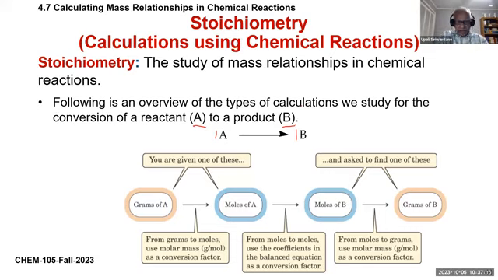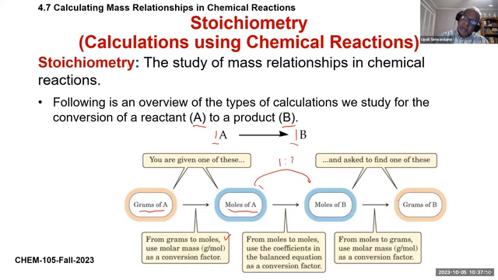First, you start with grams of A. Convert that to moles of A. How do you do that? Grams of A divided by formula mass of A. Then use the mole conversion factor. That's 1 to 1 here. Stoichiometric coefficient factor, conversion factor. Get the number of moles of B.